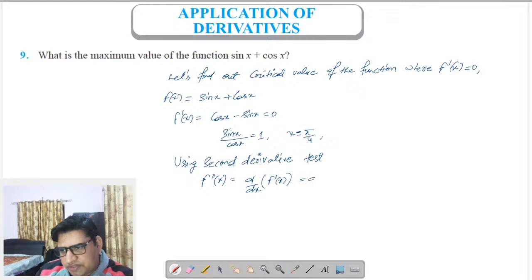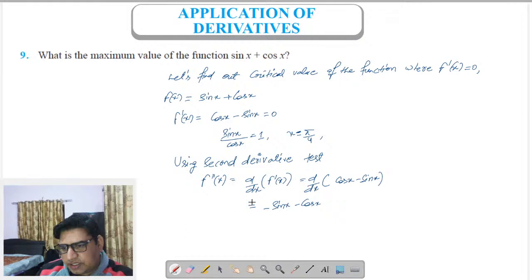Okay, so we'll substitute the value into it, d by dx of cos x minus sin x, okay, and that will be minus sin x minus cos x.